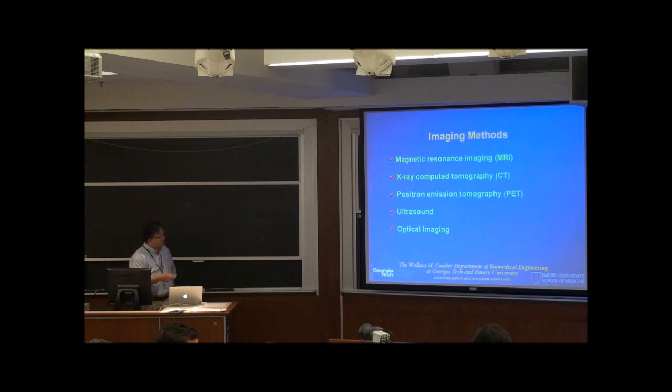So CT, that's another modality commonly used. How many of you have gone through CT scanning? Oh, quite a few. Okay. PET. How many of you have used PET for yourself? Very few. Wow, that's amazing. Nobody. Okay.